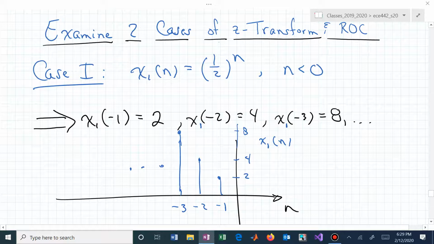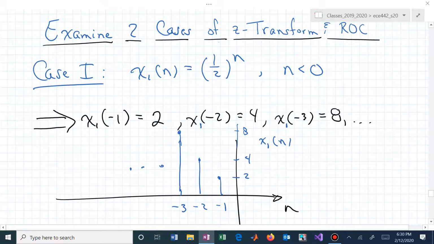This is 1/2 to the n for n less than 0. And if you just want to get a handle on this, x sub 1 at minus 1 is 2, since we're inverting 1/2. Then x sub 1 at minus 2 is the square of that, it's 4.